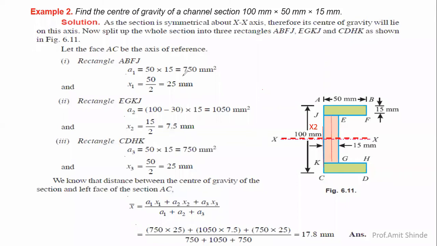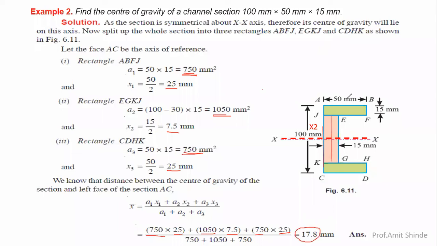Put the values over here: A1 is 750, x1 is 25, A2 is 1050, x2 is 7.5, A3 is 750, and x3 is 25. Total area A1 plus A2 plus A3 means 750 plus 1050 plus 750. If you solve this, you will get what?